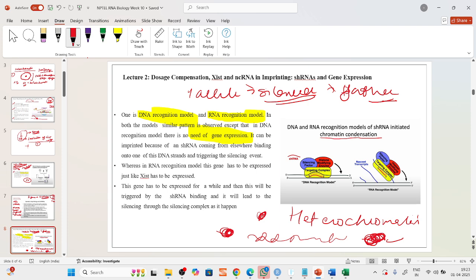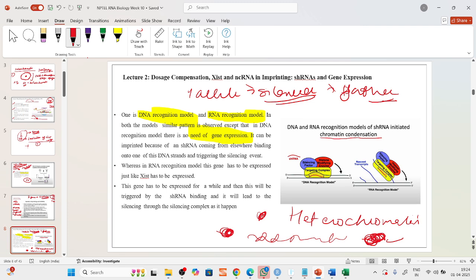It comes and binds to the DNA, which leads to the coming of some silencing factors, some modifying enzymes, and ultimately what happens? This DNA is silenced. That means this DNA will not go for the transcription process. Could you understand what happens here?